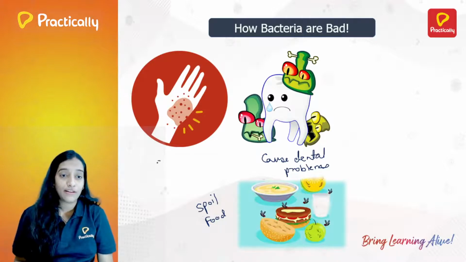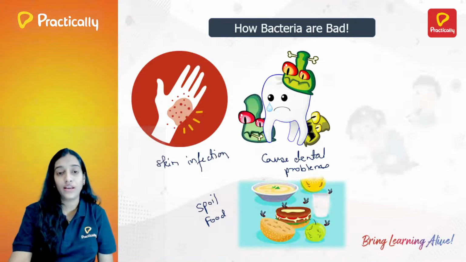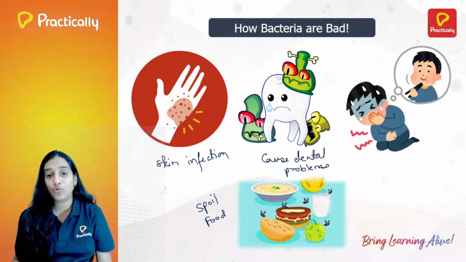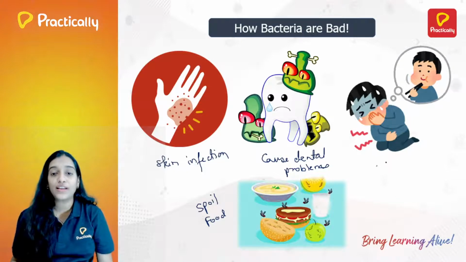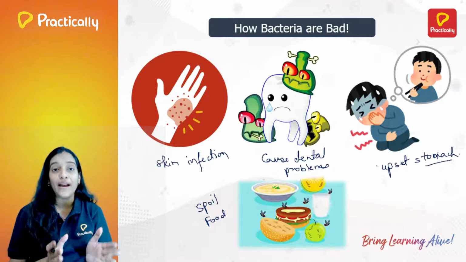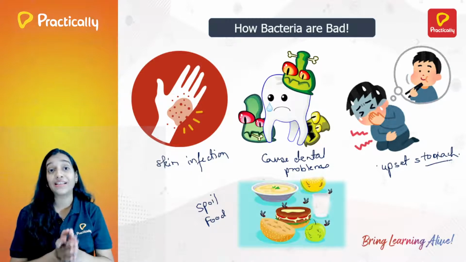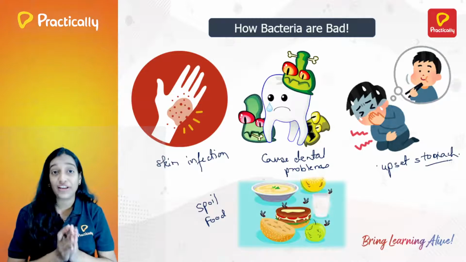Or if you eat some bad food which is already spoiled, then you can have upset stomach, food poisoning. So bacteria are bad. These are a few commonly known examples, but other than that, they can cause deadly infections also.